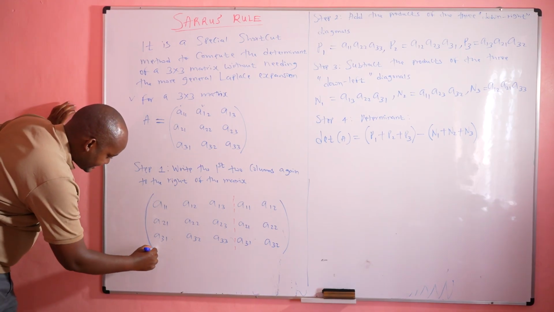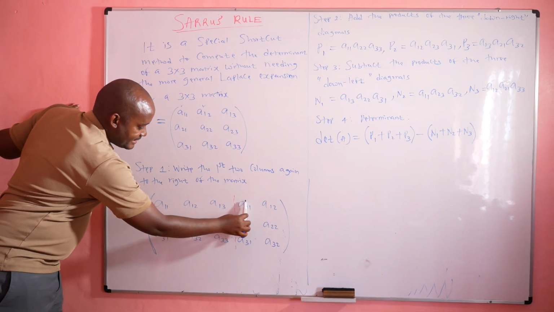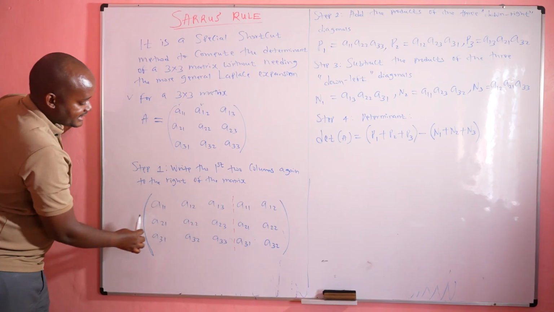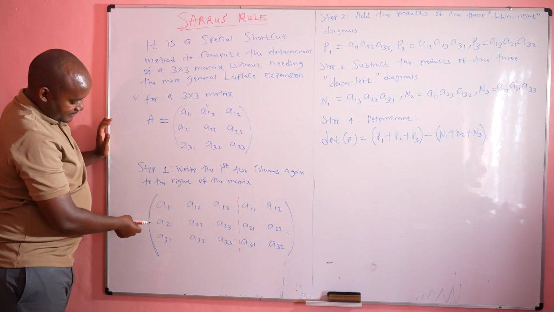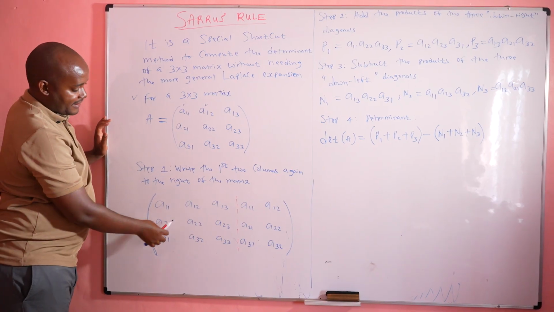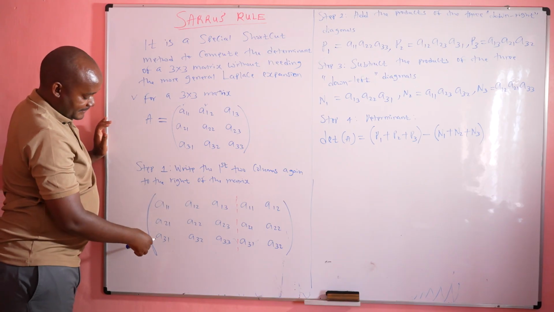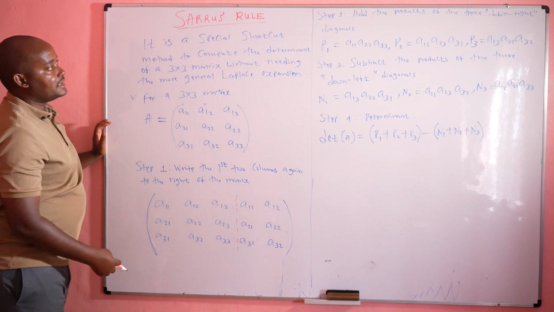You obtain this matrix that is given below, and clearly you can see that you've written the first and the second column to the right hand side of this particular matrix A. So in this case, we form a larger matrix, which is a 3 by 5 matrix, because the number of rows equals 3 and the number of columns equals 5.